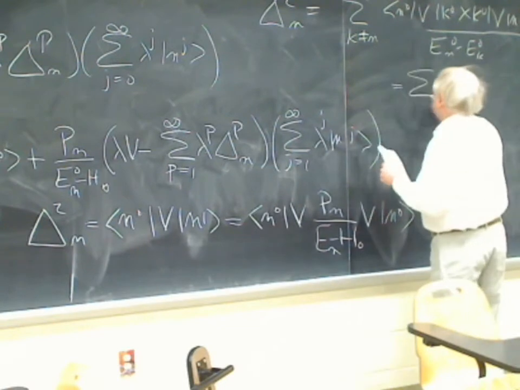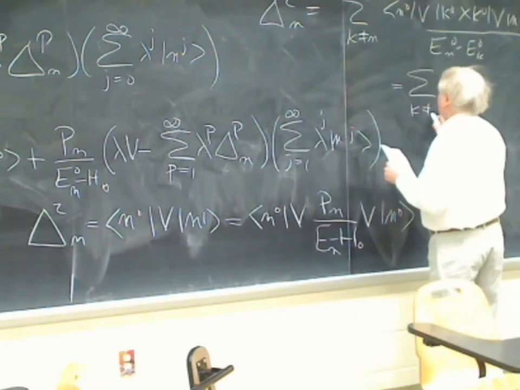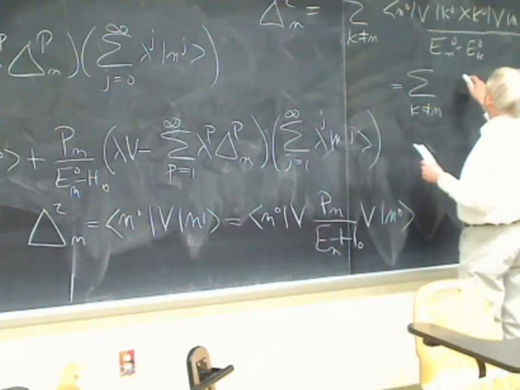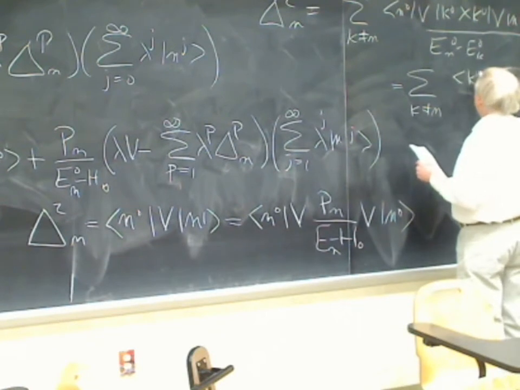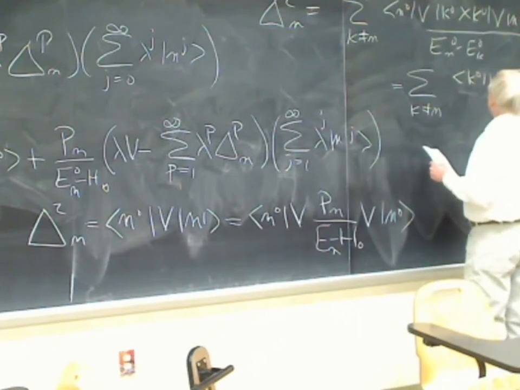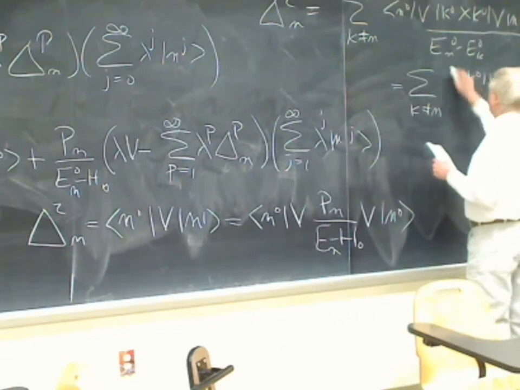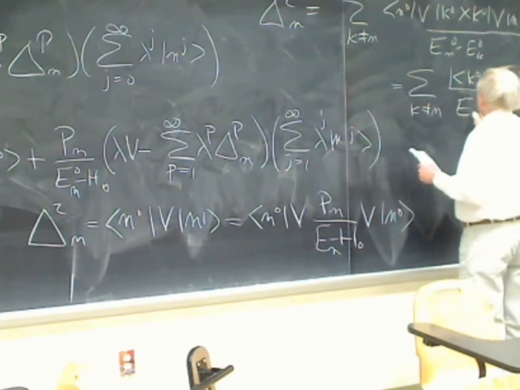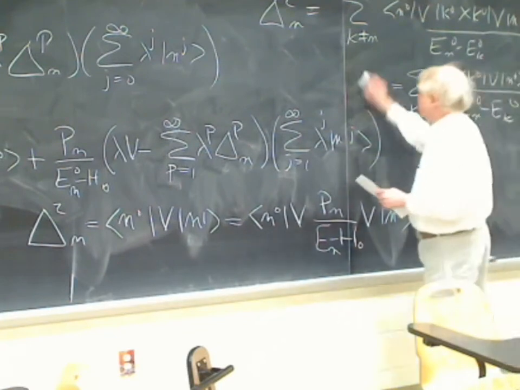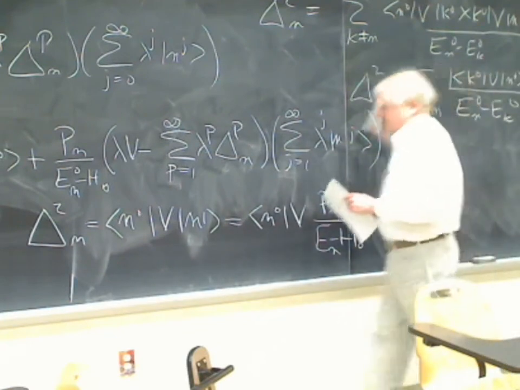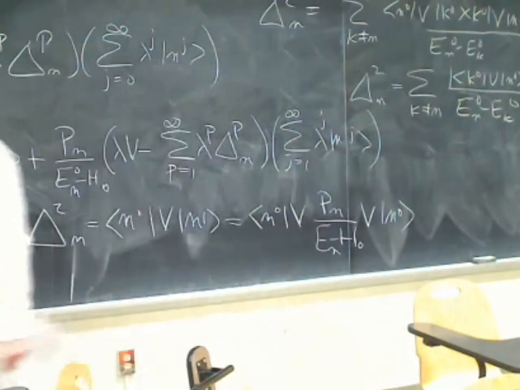Or writing it in a somewhat nicer form, it's |<k0|V|n0>| absolute value squared, over En0 minus Ek0. Okay, so that's a very nice formula for the second order energy correction.